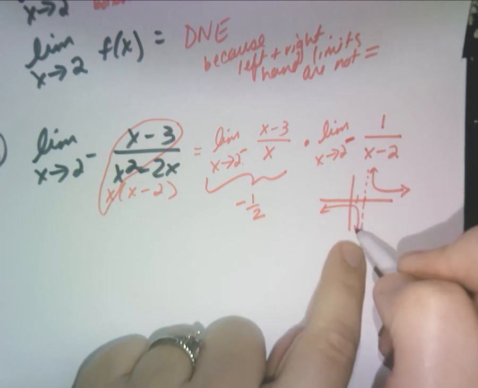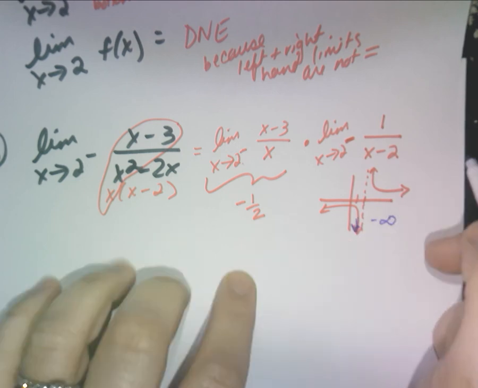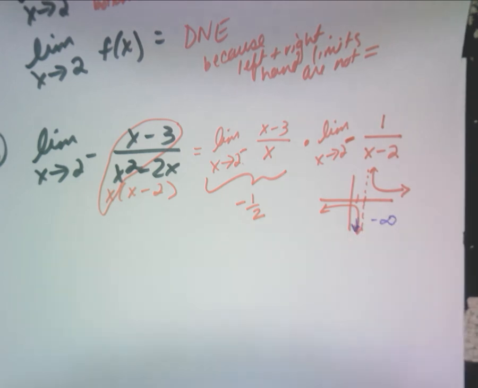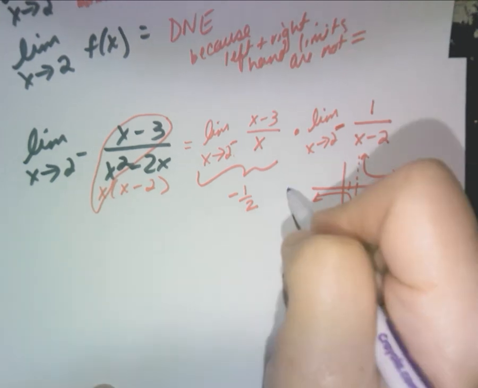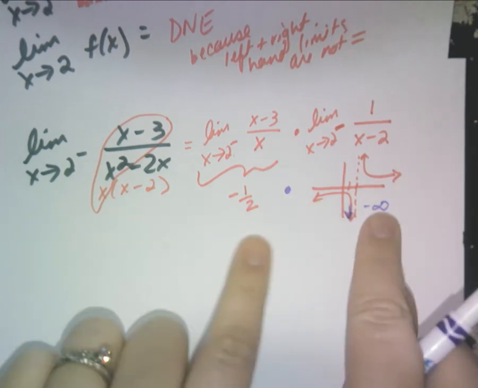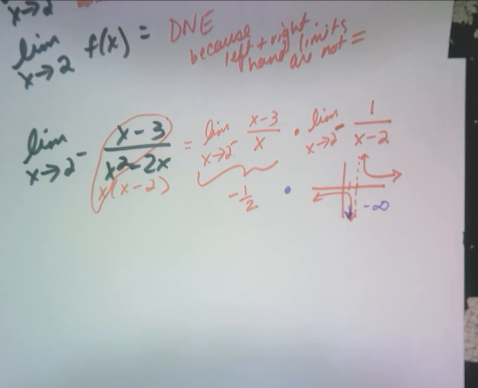Here I'm approaching 2, where am I headed toward? So if I have a negative 1/2 times a negative infinity, what would be my limit? Take a guess. Not negative infinity, positive infinity.